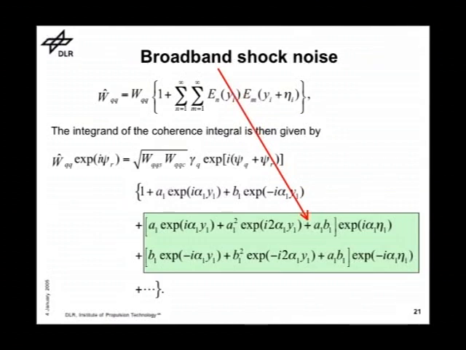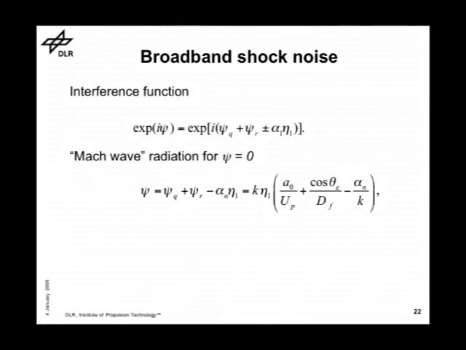Here we get an exponential factor times an exponential function of the axial separation. And so if we combine this function with this function, we get a new interference function. And the new interference function is broadband shock noise. The new interference function is now these two terms we already knew, plus or minus this term. This is the example for the first wave number, which determines the lowest frequency of broadband shock noise.